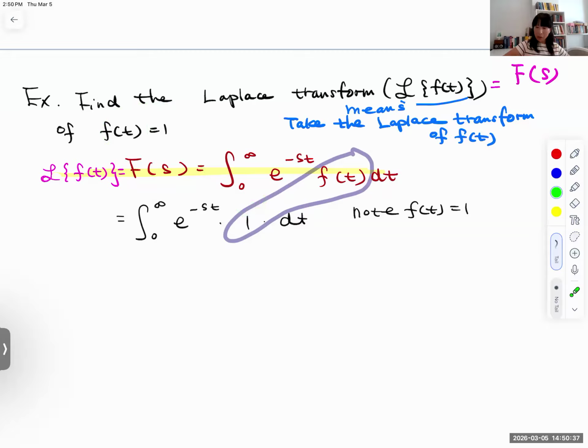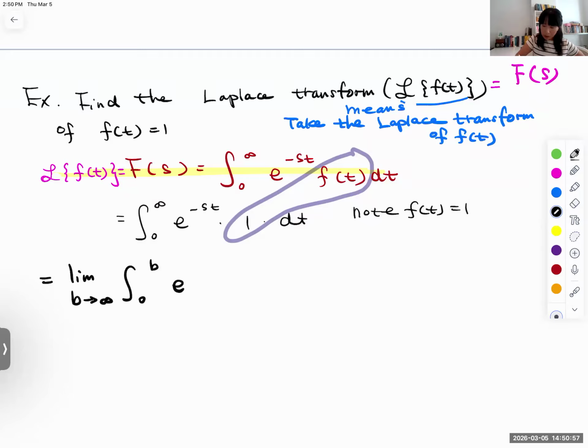Okay, then let's keep continuing. This is a bad spot, so we take the limit there. So there will be the limit as b approaches positive infinity of the integral from 0 to b of e to the negative st dt, right?